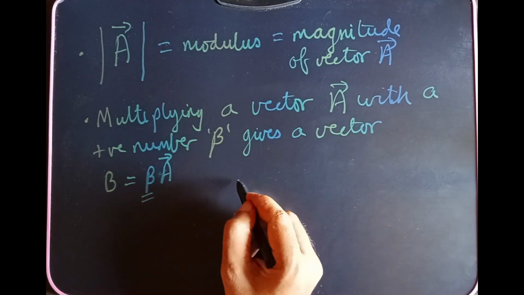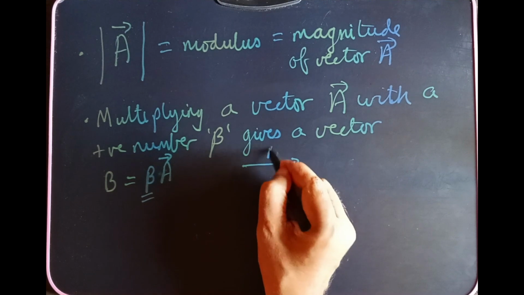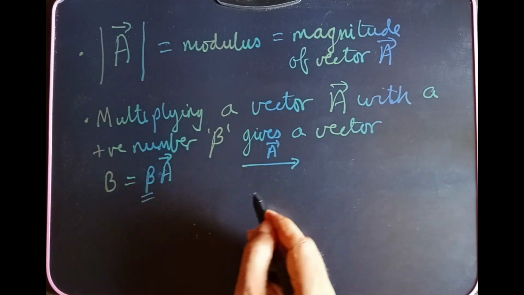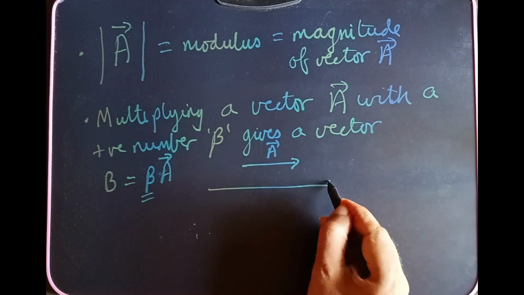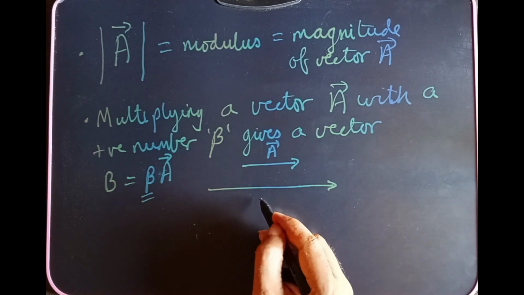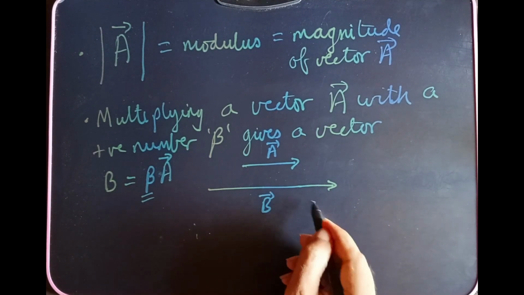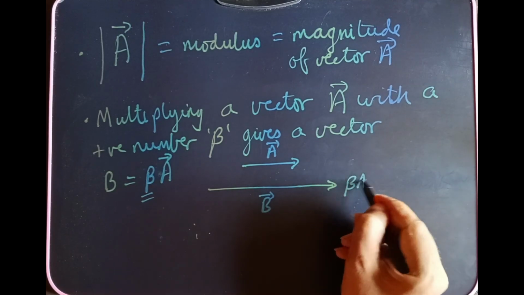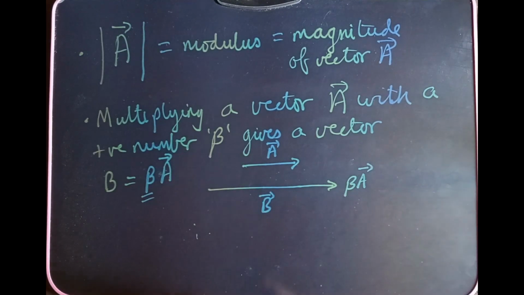So, if A was represented graphically like this, then B became a larger representation. This B is basically beta times A.